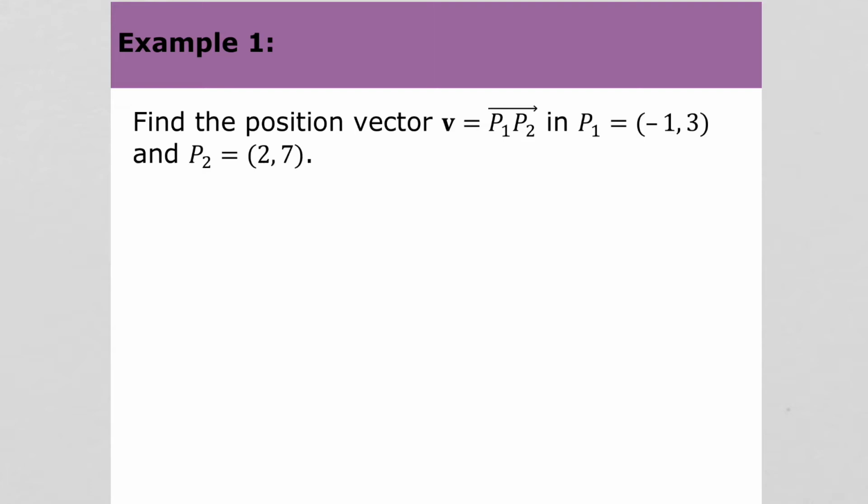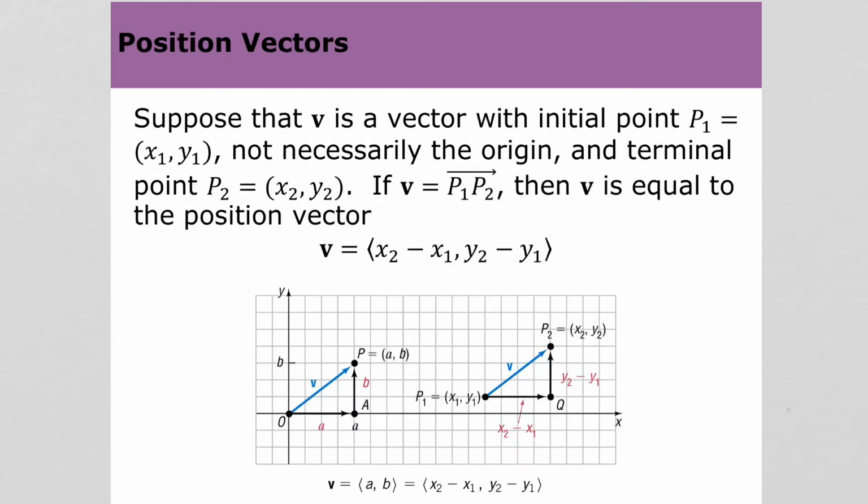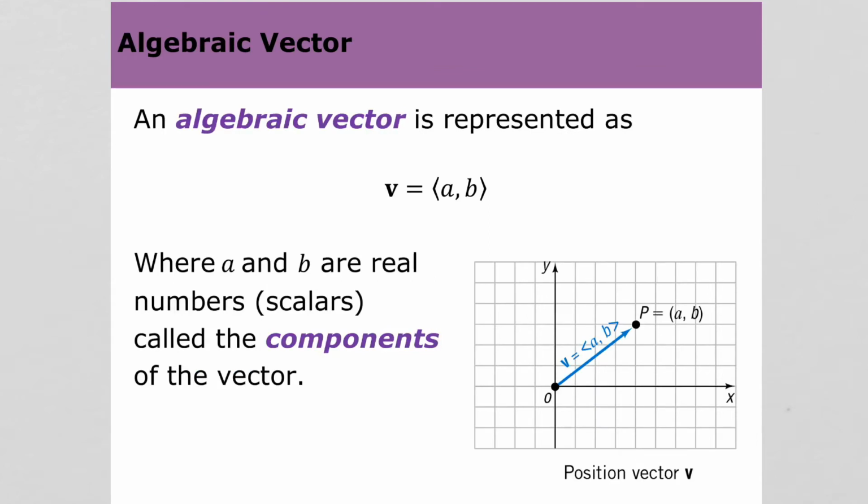So example 1 just says, find the position vector from point P1 to P2. The other way that you can denote a vector, and we'll look at this more in a minute, I think my slides are a little bit out of order, is with ai plus bj.